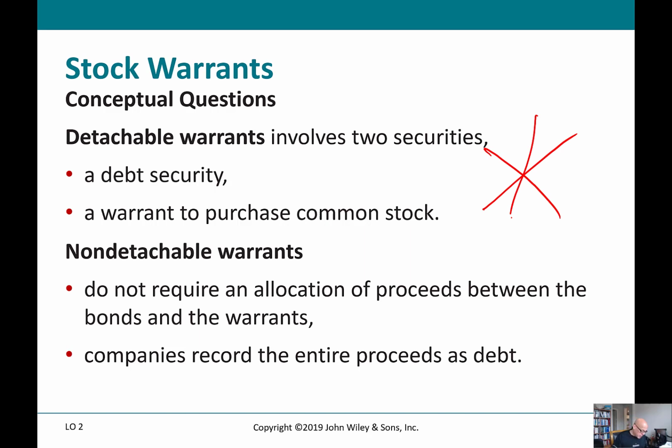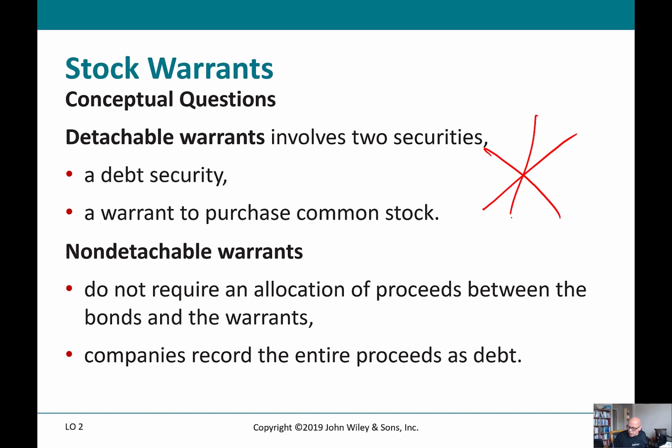If it's non-detachable, then basically you're going to treat that just how we did the convertible bonds. You don't have to allocate any amount of the proceeds on issuance to the warrants. It all goes to the debt, and then you simply wait for them to exercise, and create your paid-in capital and issuance of common stock for whatever cash they have to give you at the time they exercise those warrants.